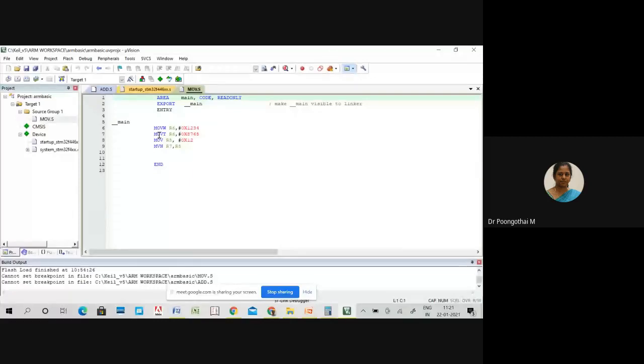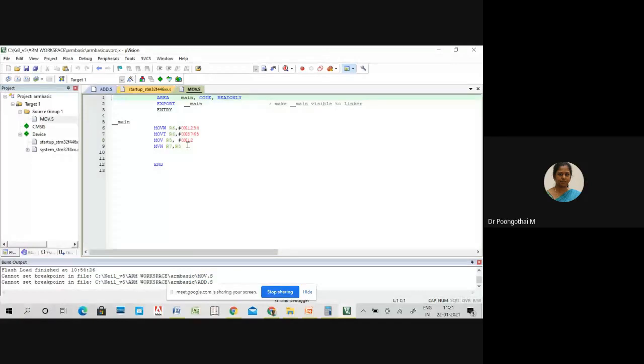First, this instruction is used to load the lower half word into the R6 register. Next, move top is used to move the 16-bit value, that is 8765, into the upper half word of the R6 register. And here I am moving 12 into R5.